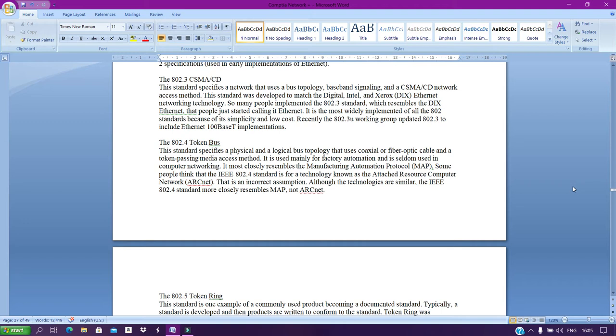So many people implemented the 802.3 standard, which resembles the DIX Ethernet, that people just started calling it Ethernet. It is the most widely implemented of all the 802 standards because of its simplicity and low cost. Recently, the 802.3u working group updated 802.3 to include Ethernet 100BASE-T implementations.